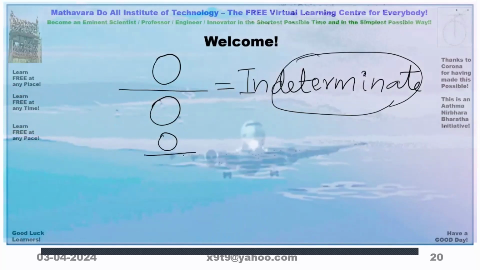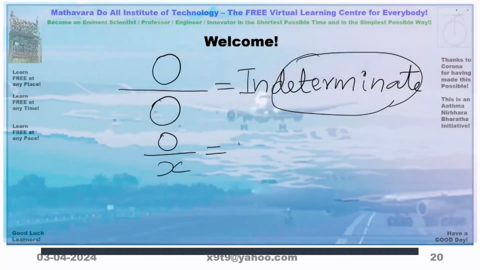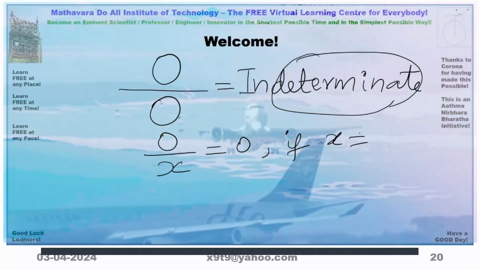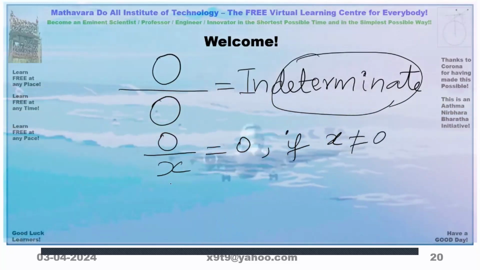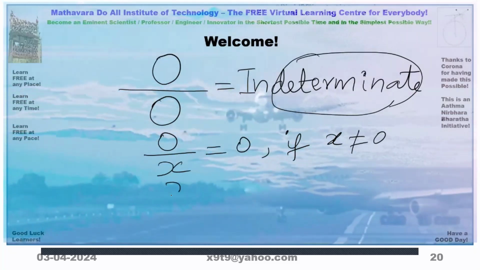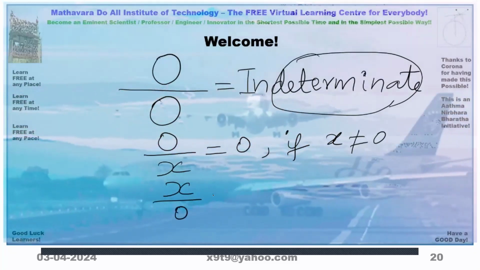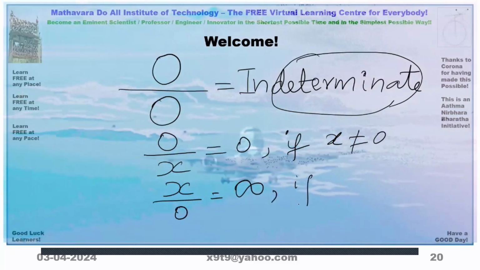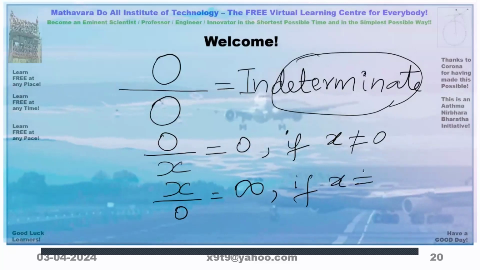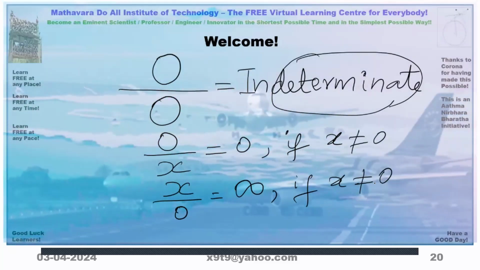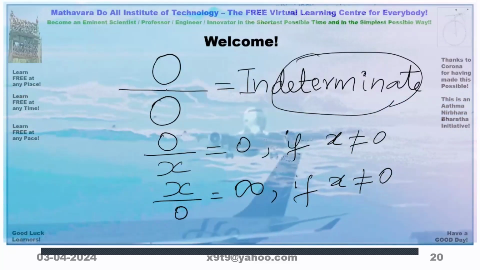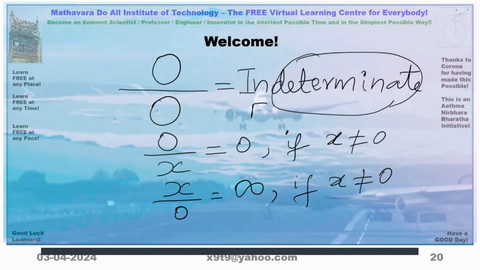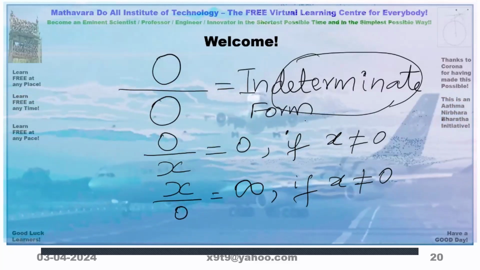So if it is 0 by x, we will write 0, if x is not 0. Then x by 0, we call it infinity, if x is not 0. But if x is 0, we get this form that is called indeterminate form.